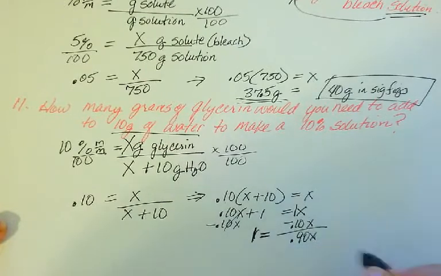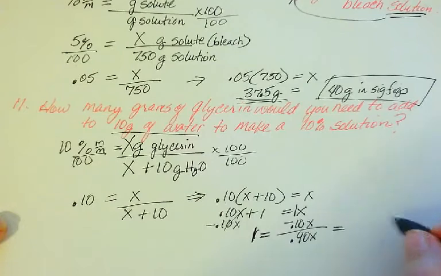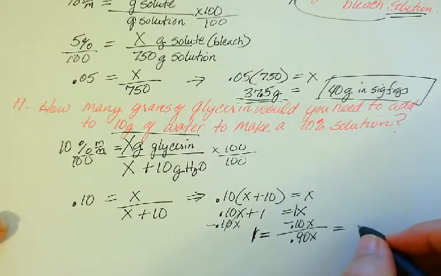Okay, that's really messy. But if 1 equals 0.90X, or 0.9X, then we can go ahead and finish solving.